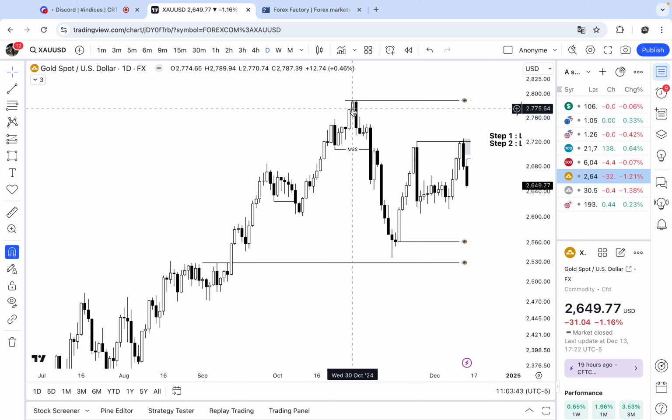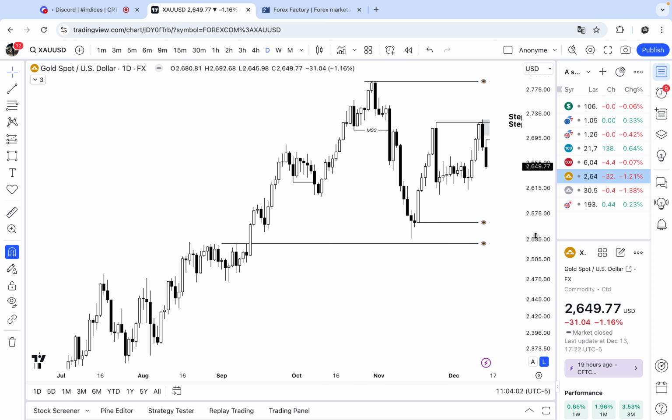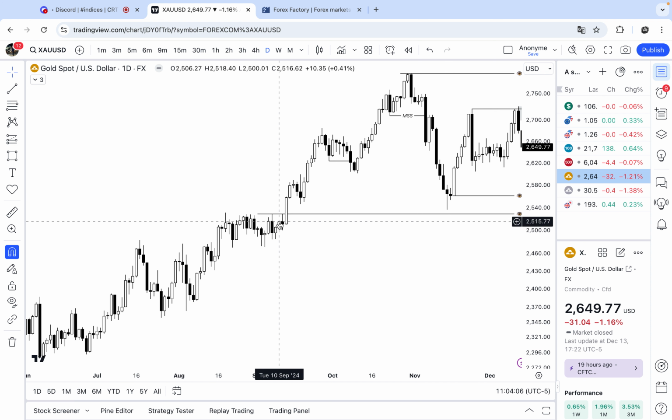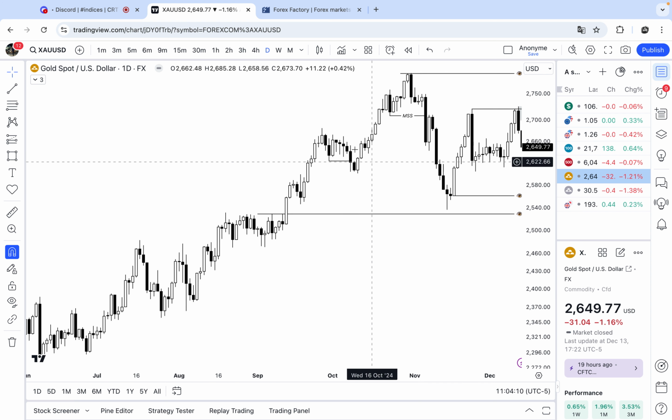This is when market structure comes into play. Market structure is for the direction of the price, and you want to follow the direction all the time. Because for example, if you're not looking at market structure, you're looking for sells here, here, here. This is not high probability.